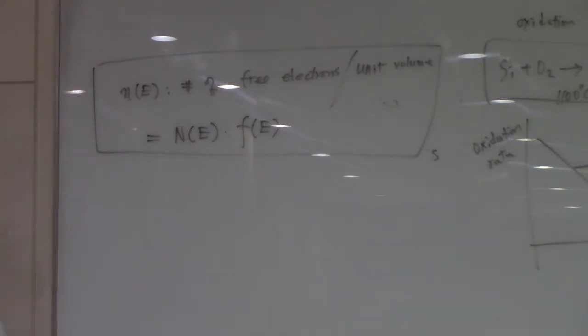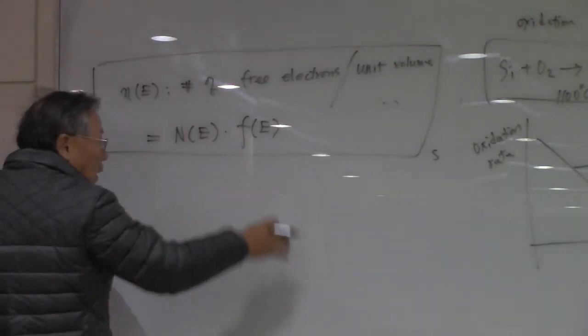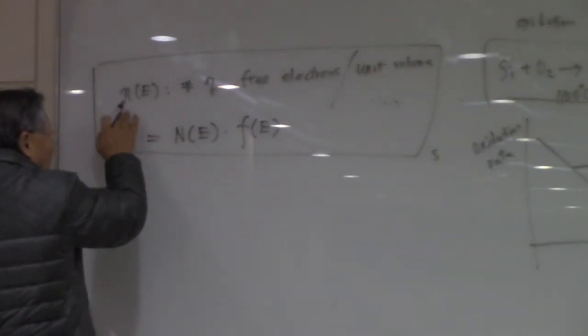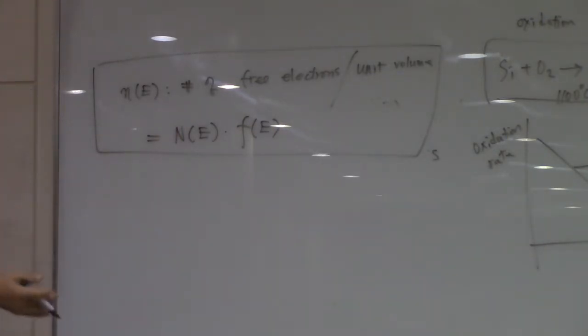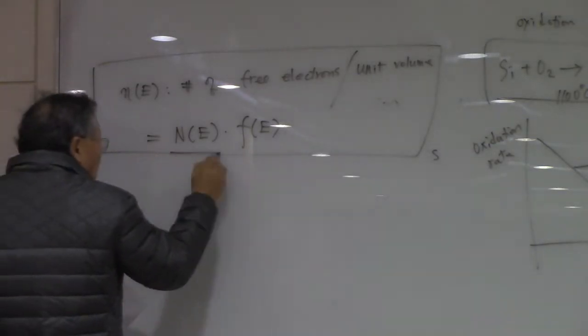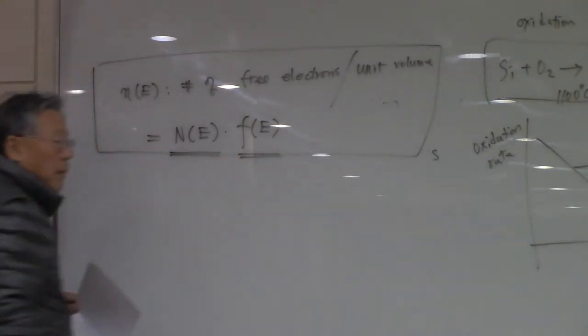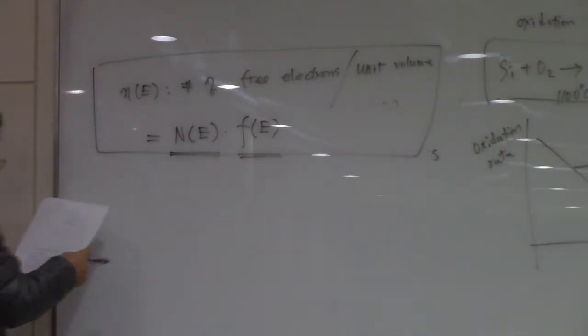In order to find the free electron energies in the metal system, it should also be applicable to semiconductors and insulators as well. But anyway, for the metal system, you have to find the available states density and the probability of electrons occupying the energy states.